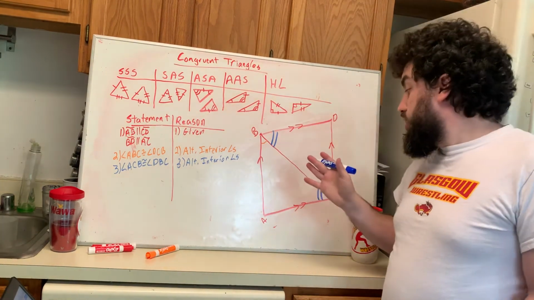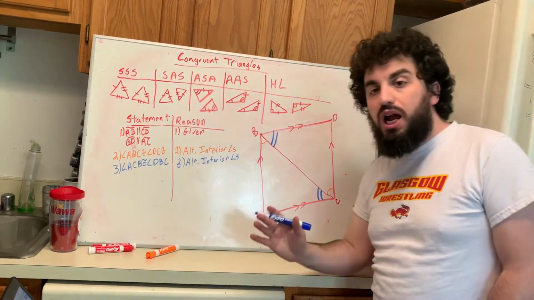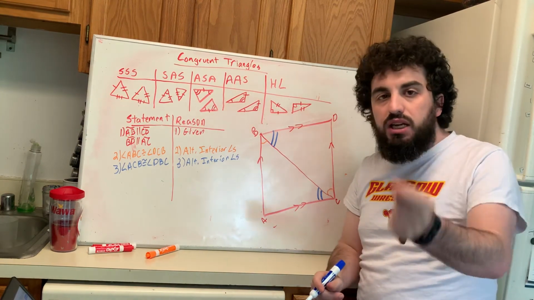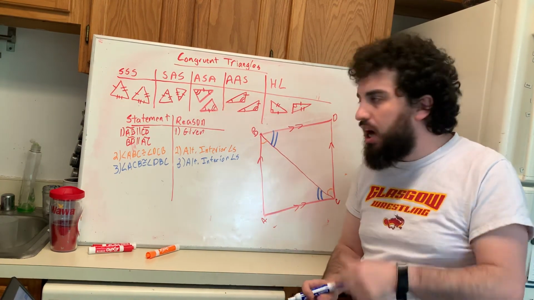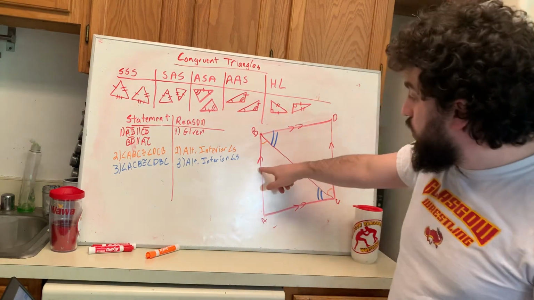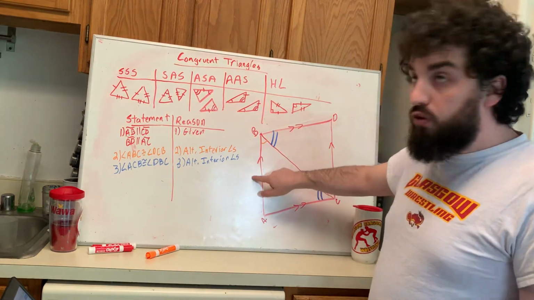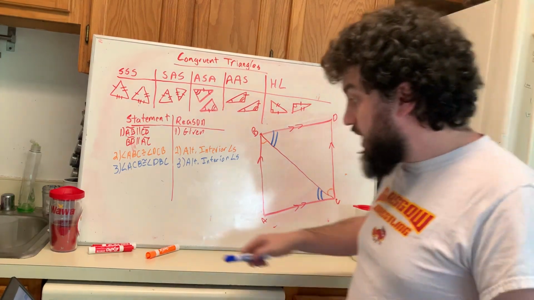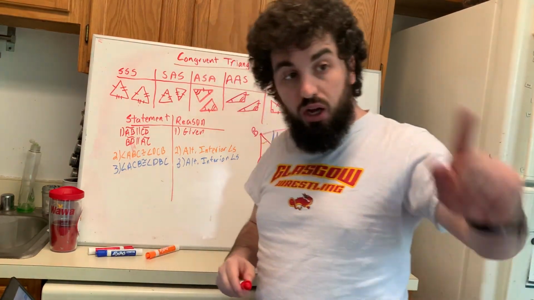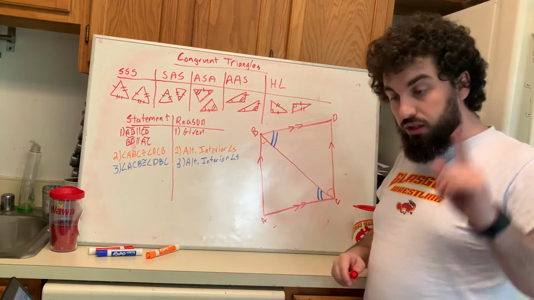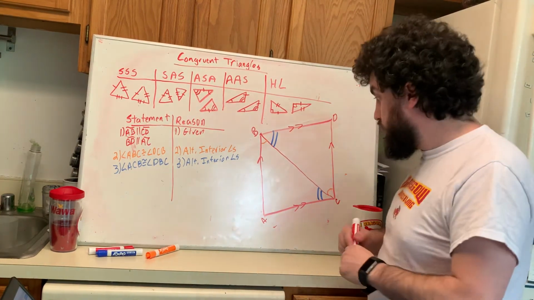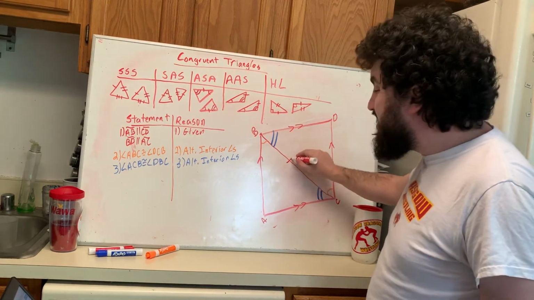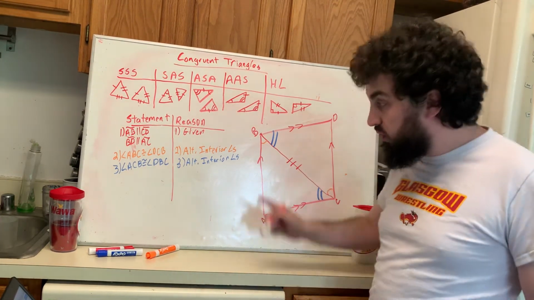Now that's great, but remember, angle only works for similarity. I need to show that one side is congruent. I don't care if it's an angle off to the side or in between, because I can say angle side or angle side angle. So what I realize here is BC has to be the same as itself.